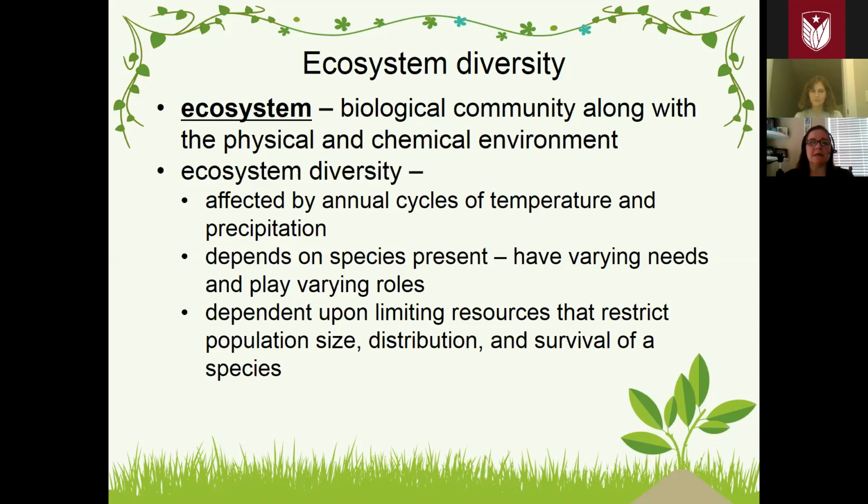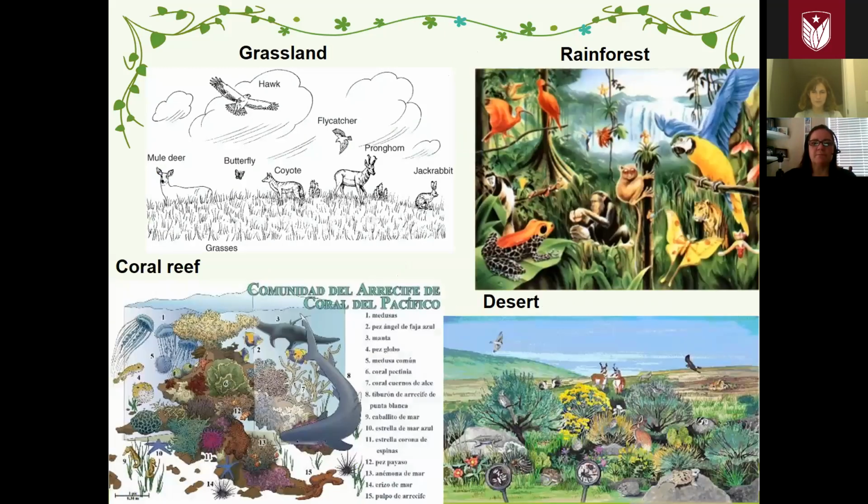The species that naturally live there, the soils, the nutrient resources, et cetera, are going to be different in those different ecosystems. Here's just another picture to give you an idea of what I mean by ecosystem diversity.